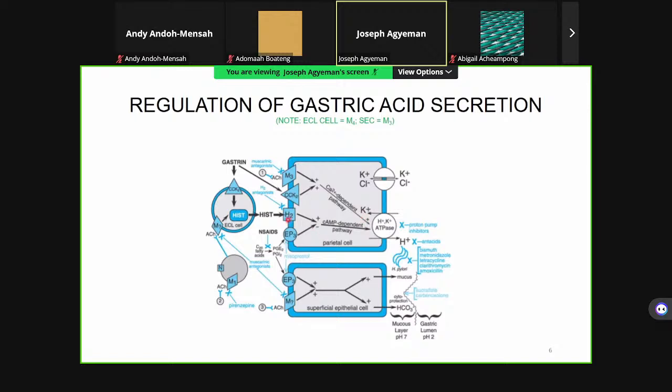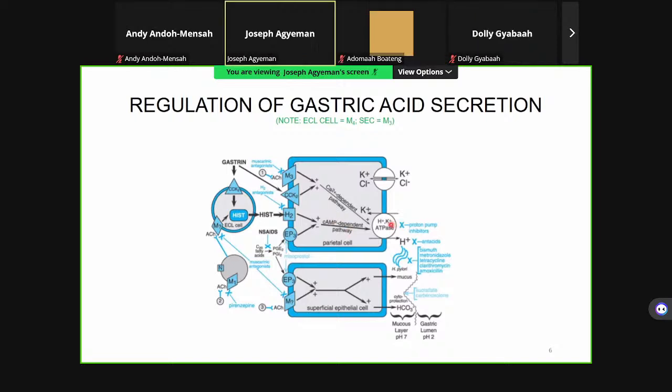The histaminergic pathway is cyclic AMP dependent, because it will activate adenylyl cyclase and you produce cyclic AMP, after which protein kinase A is produced. This will phosphorylate cytoskeletal proteins. And what happens is that the cytoplasmic bound proton pump can now be transported from the cytoplasm onto the membrane, after which hydrogen can pass through, and in exchange, potassium comes in.